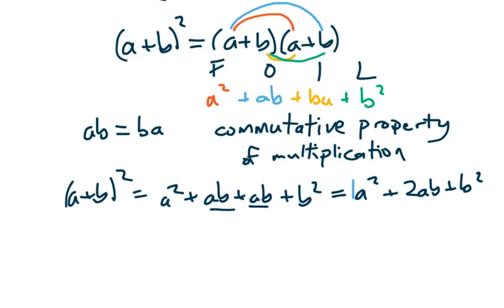That's the number that's multiplying by a squared and is basically invisible, right? The invisible 1. The coefficient of ab, well, you can see that one. It is visible. B squared has another invisible 1 for a coefficient, right? So it's a little better. 1, 2, and 1. Those are our coefficients.